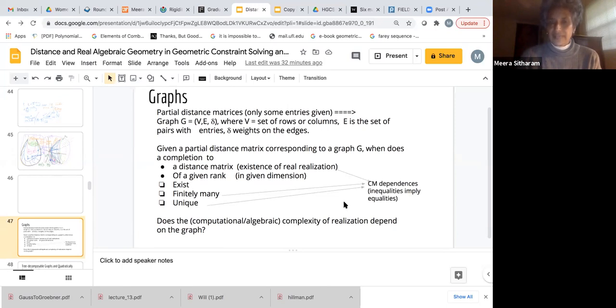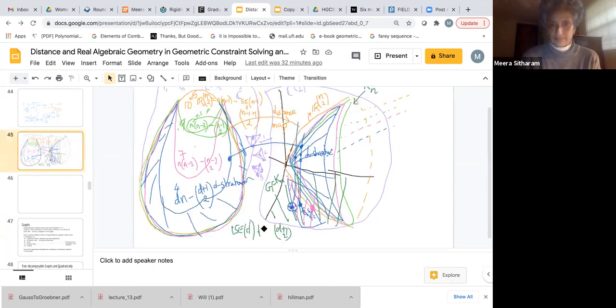As I have pointed out before, the subset of entries is a projection of this cone on a subset of coordinates.